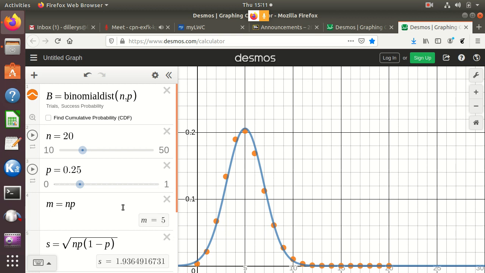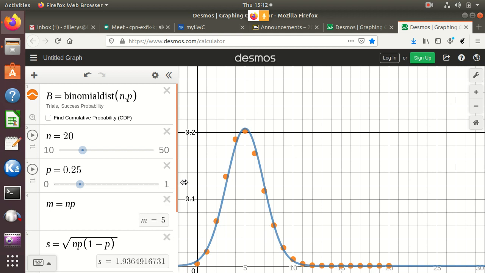And now it doesn't fit quite as well, but actually it fits pretty darn well. Those dots are pretty close to the blue curve. What's going on is you draw a bar graph for the binomial and a histogram for the normal, and you would see they don't quite match up if you look at the probabilities, but they're really not bad.